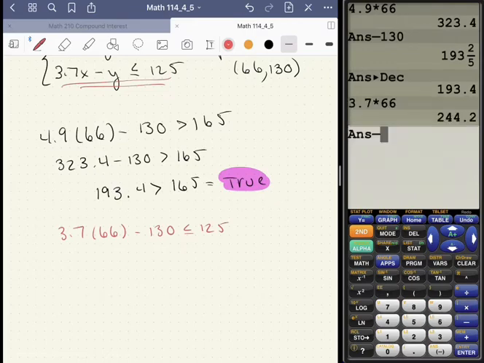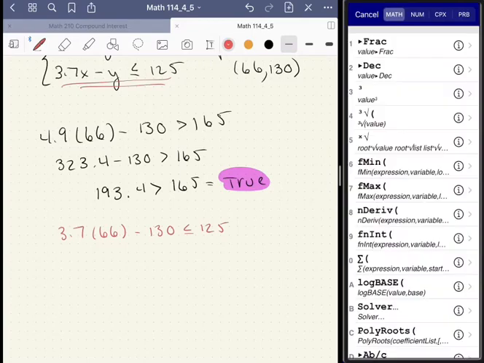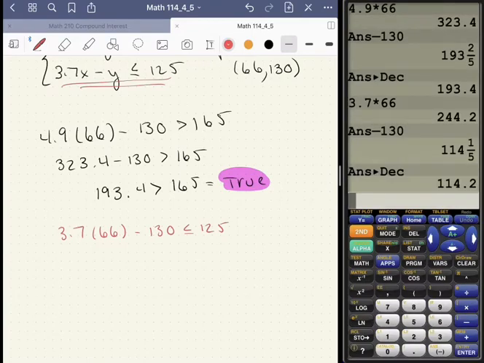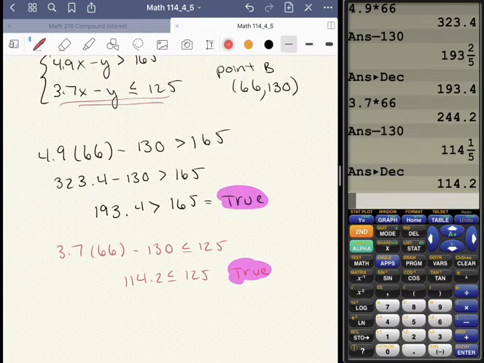So I have 3.7 times 66 minus 130, leaving that in decimals again, and we have that 114.2 is less than or equal to 125, which is also true. And as the graph shows, it turns out that this is a solution for the system.